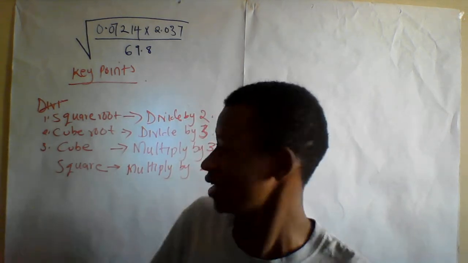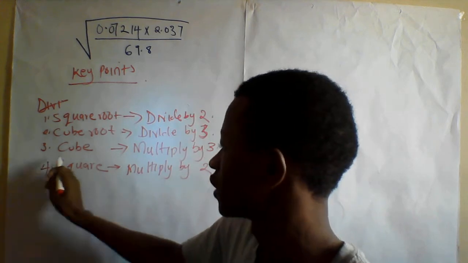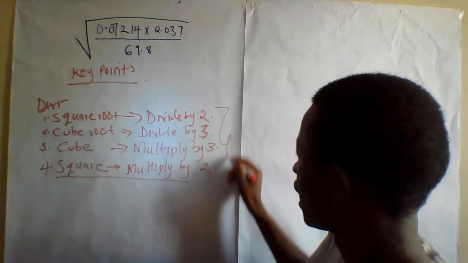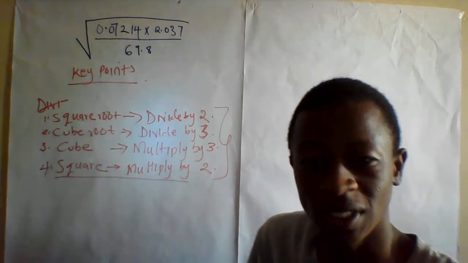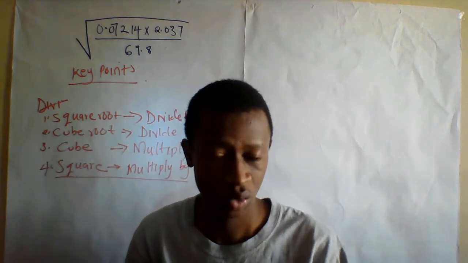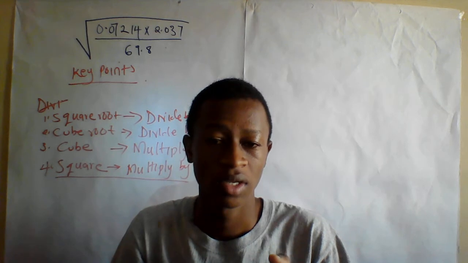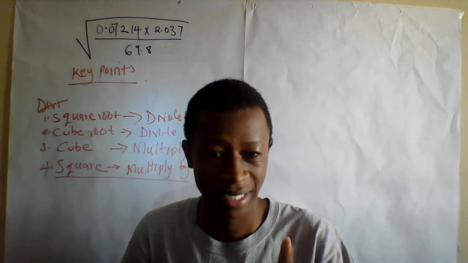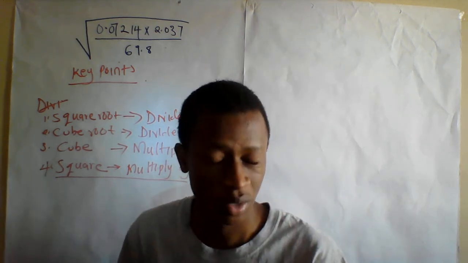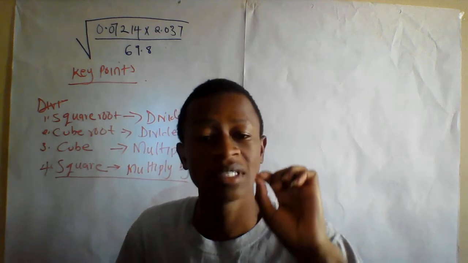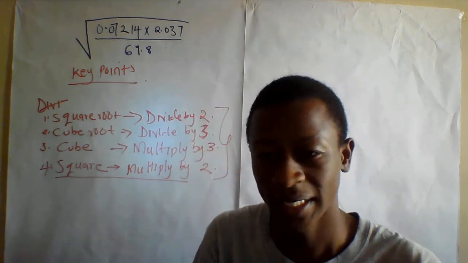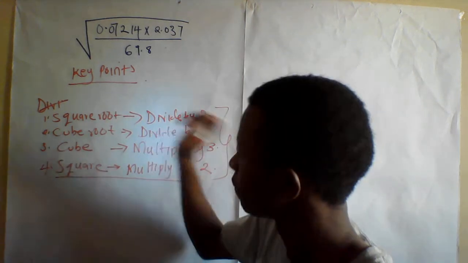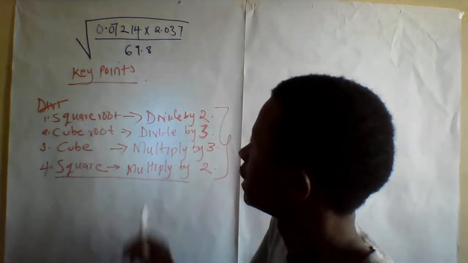Are we together? These are the 4 key points that you should look at when you are working on this one. If it's a square root, you divide by 2. If it's a cube root, you divide by 3. If it's a cube, you multiply by 3. And if it's a square, you multiply by 2. Those are the main key points that you have to look at when we're tackling this.